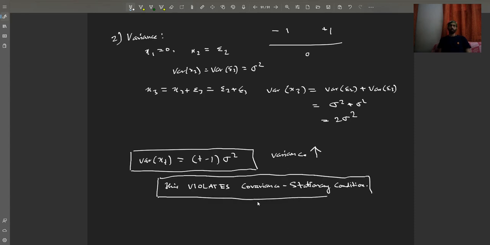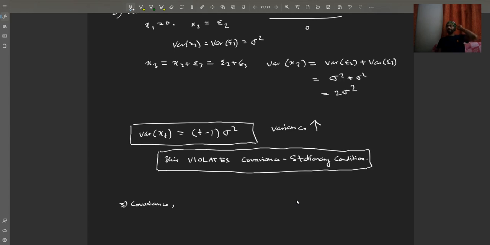Now let us also have a look at the covariance. Let's say we are looking at the covariance at a lag of s. So covariance of error at t and error at t minus s is equal to expected value of error at t minus estimated value of error, which is 0, multiplied by error t minus s minus 0.